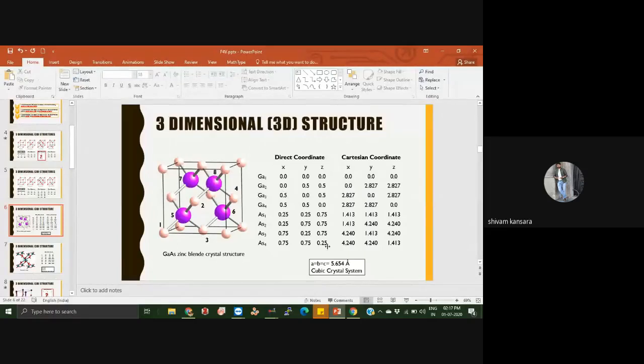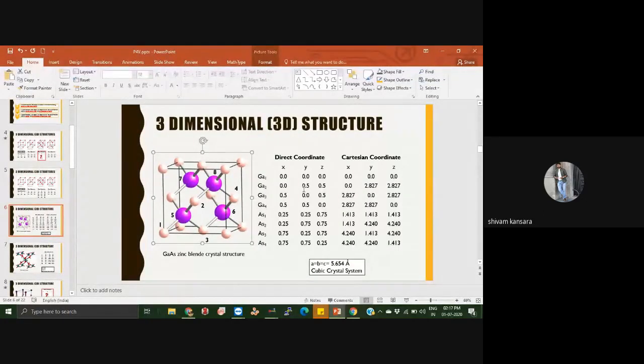So this is the first one. The coordinate of the first atom is 0 0 0, because I already discussed it in the previous slide. The second atom's coordinate is 0 0.5 0.5, because it is in the face of the x-axis.